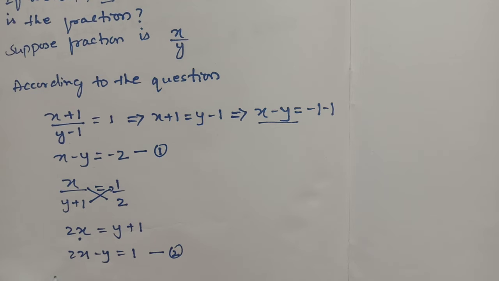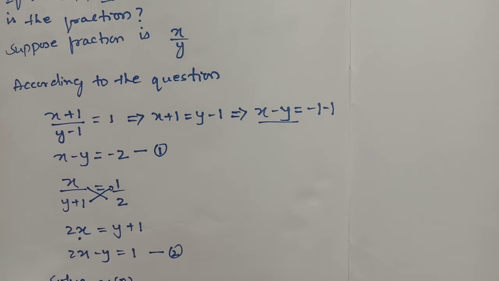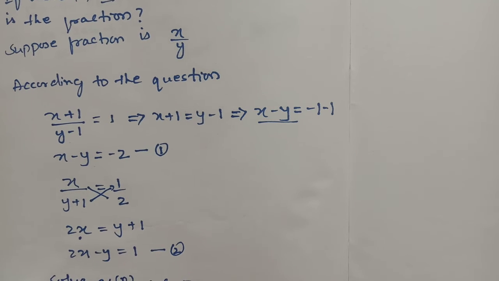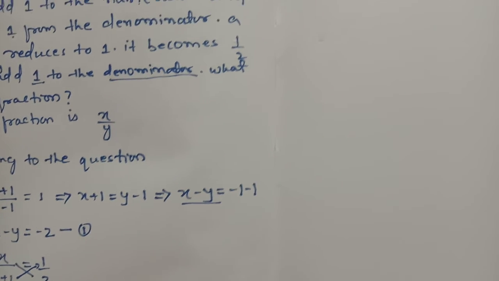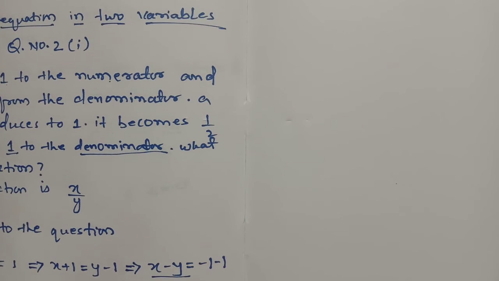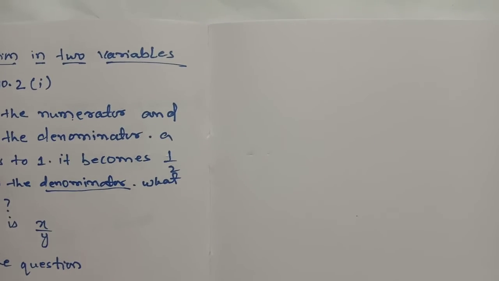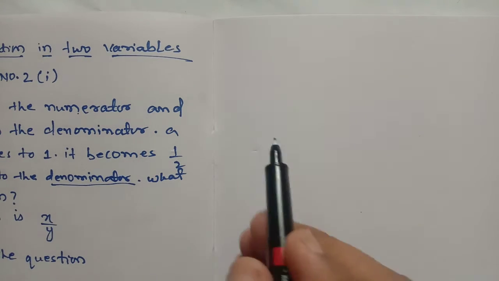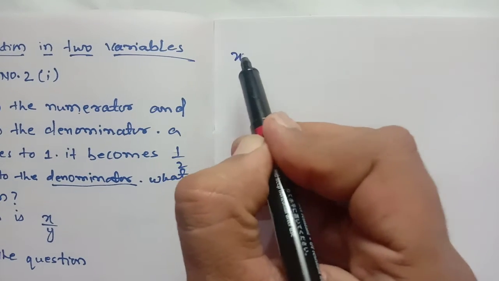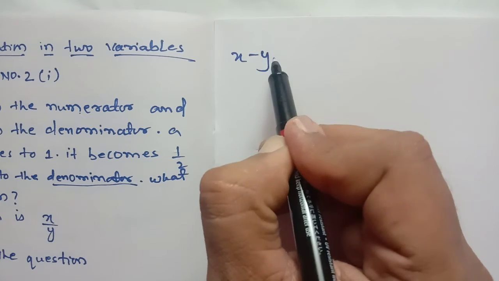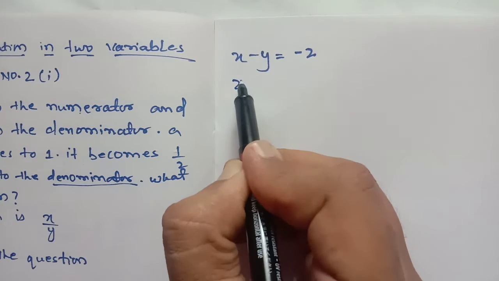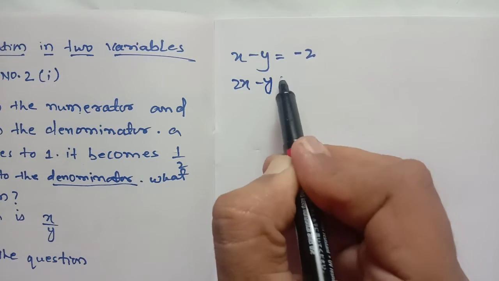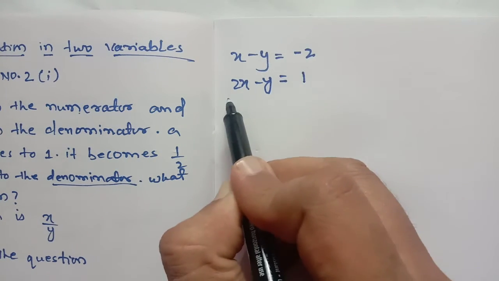Now solve 1 and 2. Equation number 1 is x minus y is equal to minus 2, and equation number 2 is 2x minus y is equal to 1.